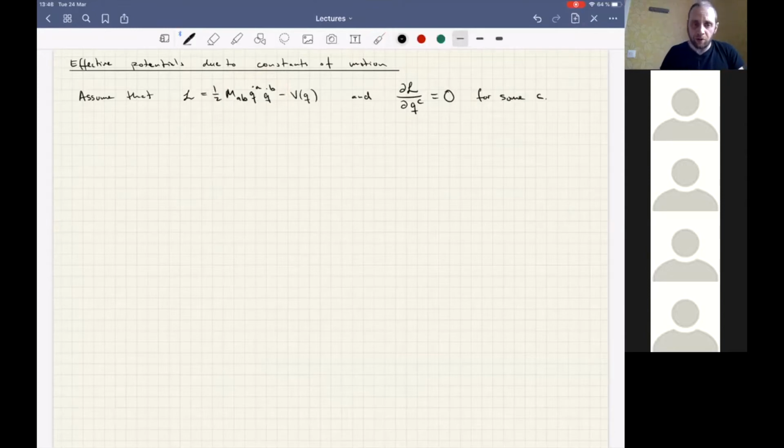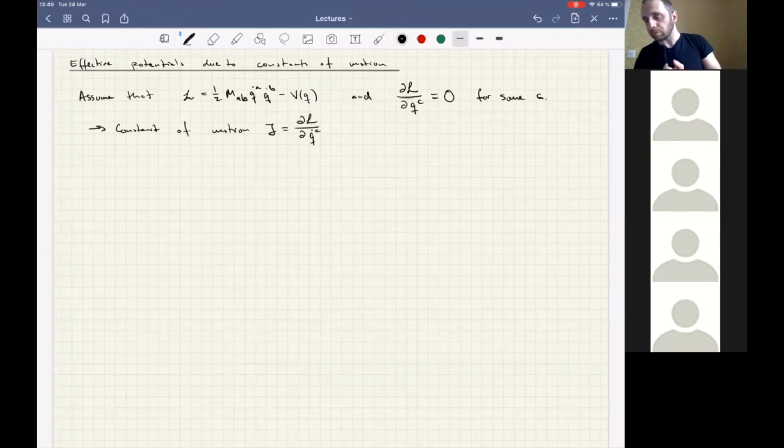So according to Noether's theorem, this means that we are going to have a constant of motion, which I'm going to call J, which is equal to dL/dq dot C, right? And let me make the following denotation.